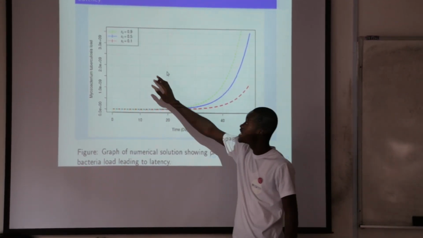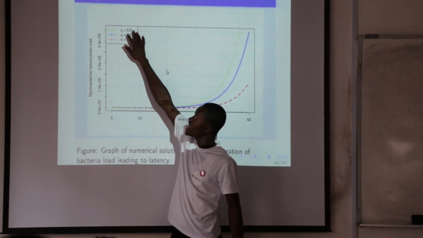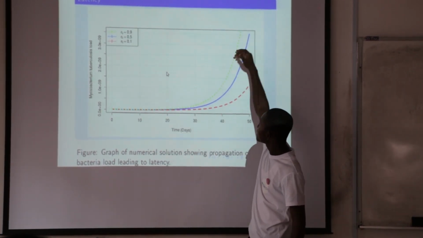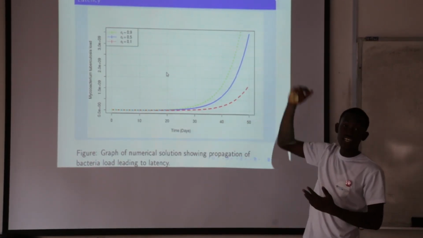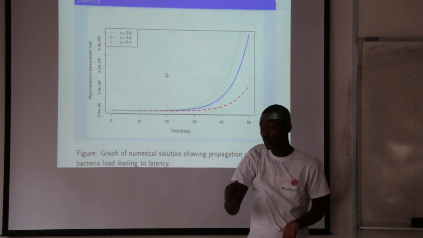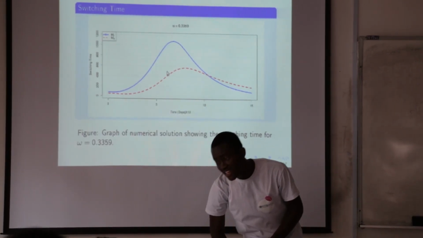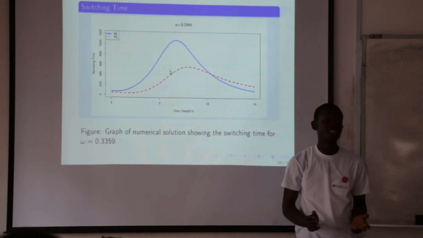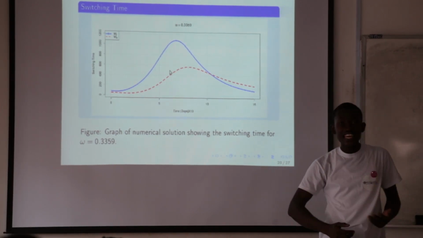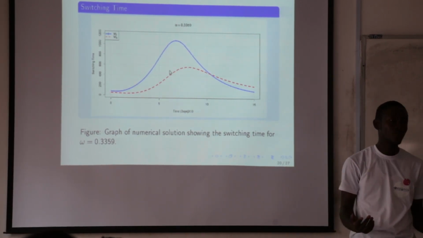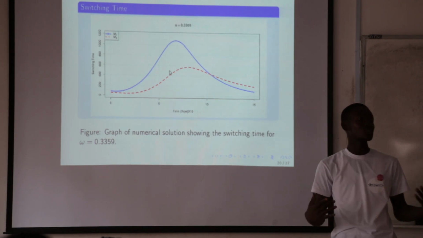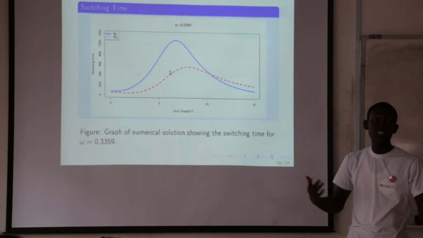We observe that even if the number here increases, the rate at which the graph is growing exponentially is very slow. Now, the main idea, this is what we refer to as the switching time. If it would take 6 months for us to cure just an individual suffering from tuberculosis, then what can we do?